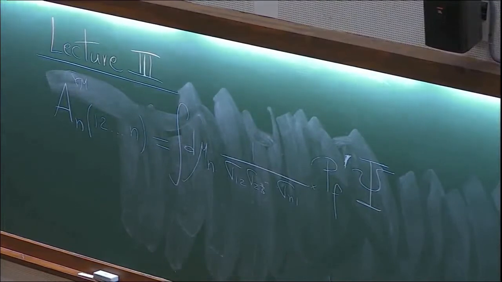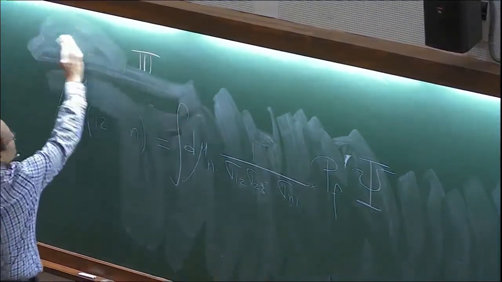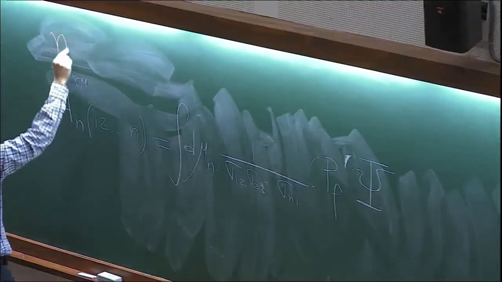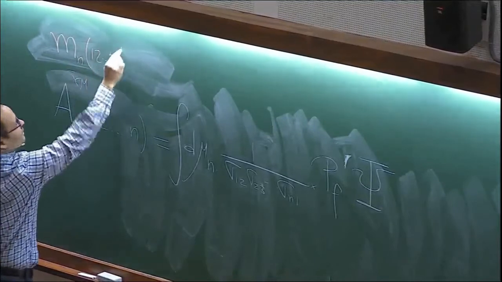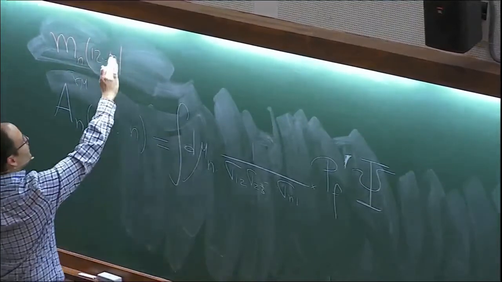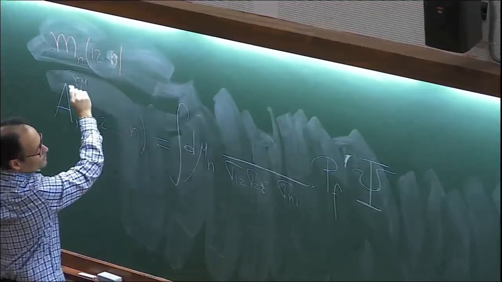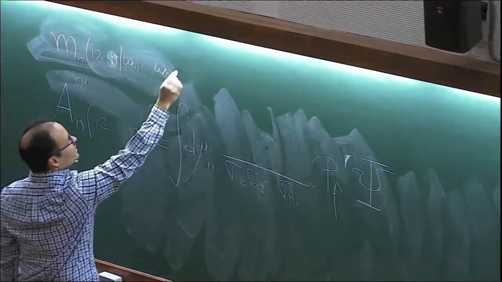So what do we do now? So we have this formula. Now we recollect the formulas we have and see if we can learn something from them. So this is a formula for Yang-Mills. Let's collect the formula now on the same board for the bi-adjoint scalar with ordering 1 to n, and then some other ordering, omega 1, omega n.